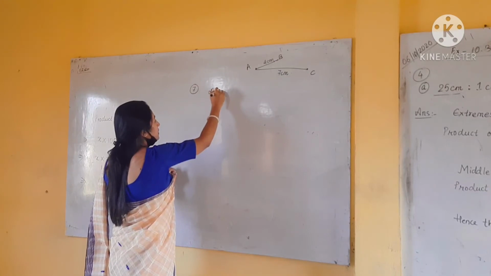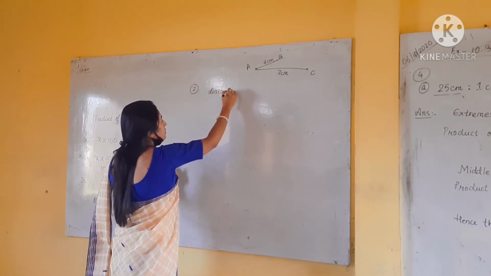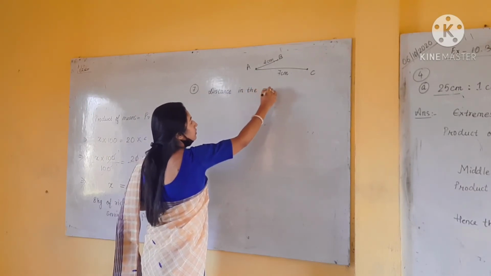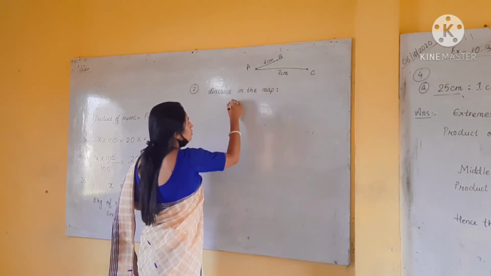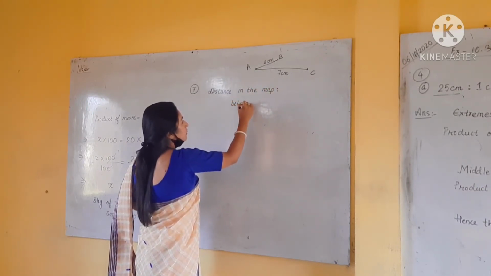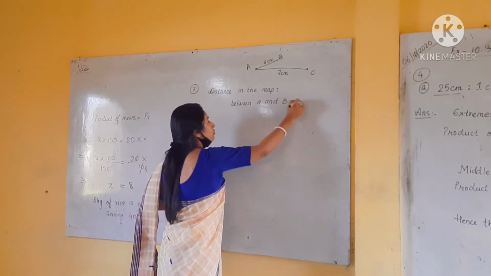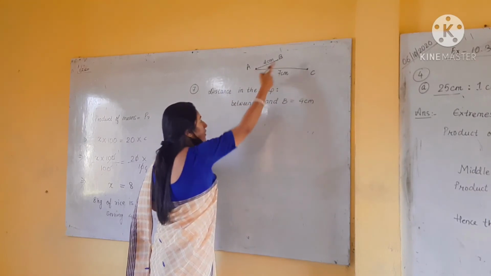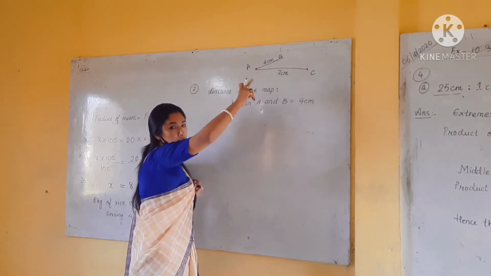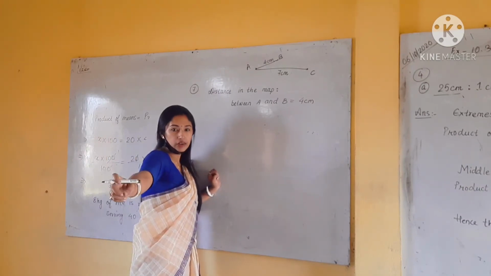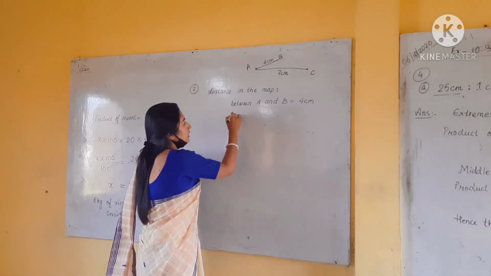So distance in the map. First of all, between A and B, how much? 4 centimeter. Already I have drawn this diagram. You can just roughly draw one diagram using pencil.